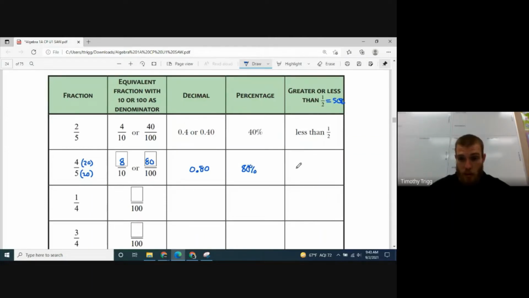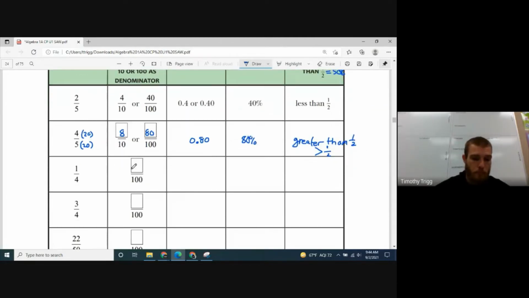So this is greater than one-half. You could also say greater than 1/2, like this.